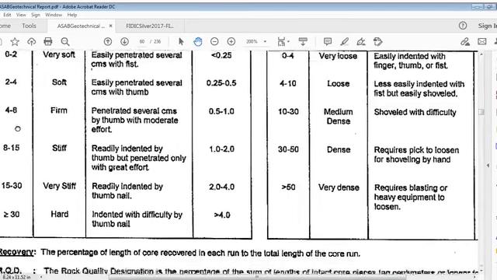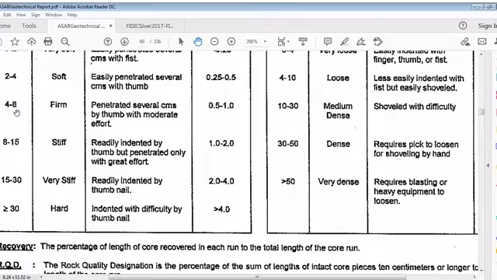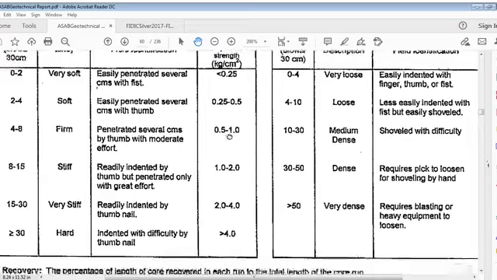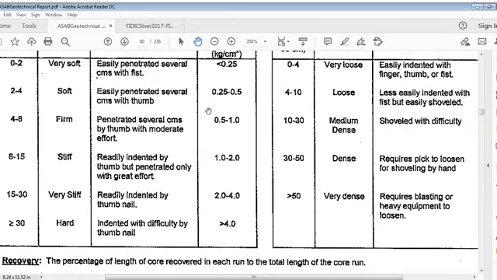And when it is 4 to 8 blows, it's a firm one. You can say firm, a little better. It means it's penetrated several centimeters by thumb with moderate effort, and it can take 0.5 to 1. The previous was 0.25 to 0.5, now 0.5 to 1.